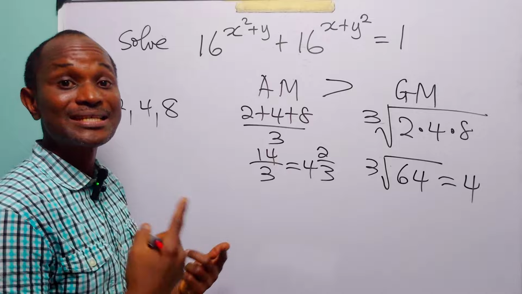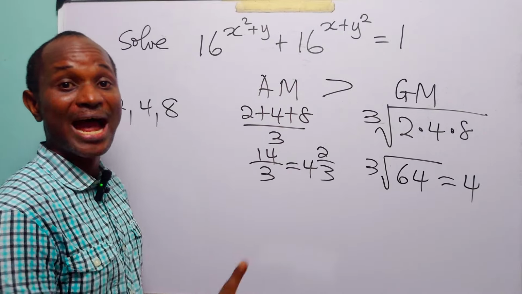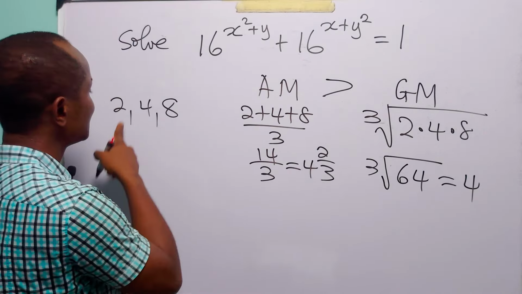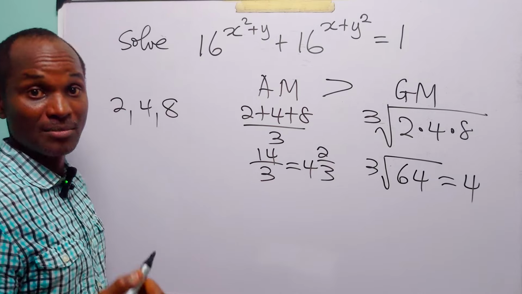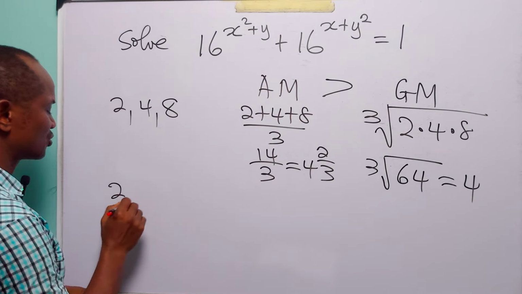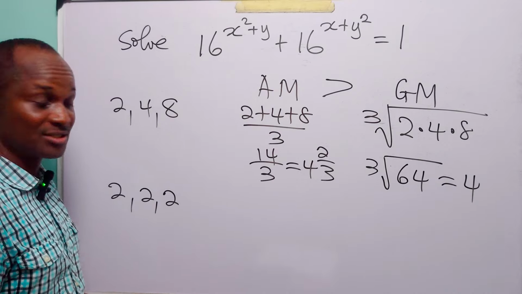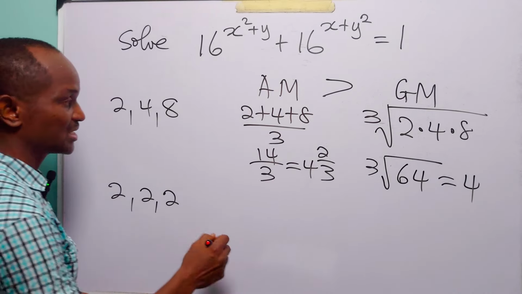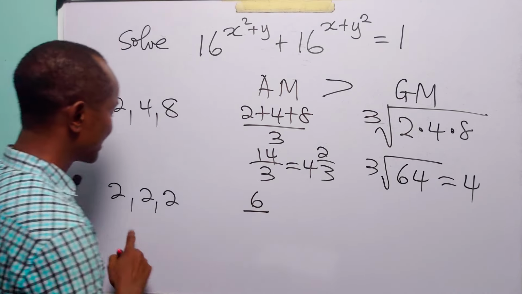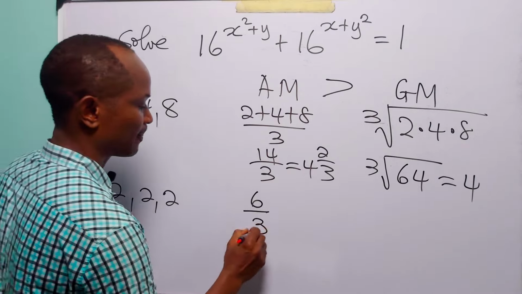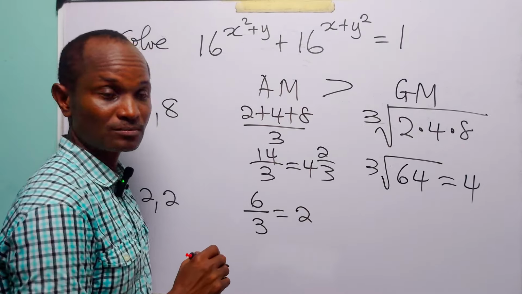Now, the equality part happens if and only if these 3 numbers are the same. For instance, if we have 2, 2, and 2, then the arithmetic mean is going to be 2 plus 2 plus 2, which is equal to 6, divided by 3. That is 2.